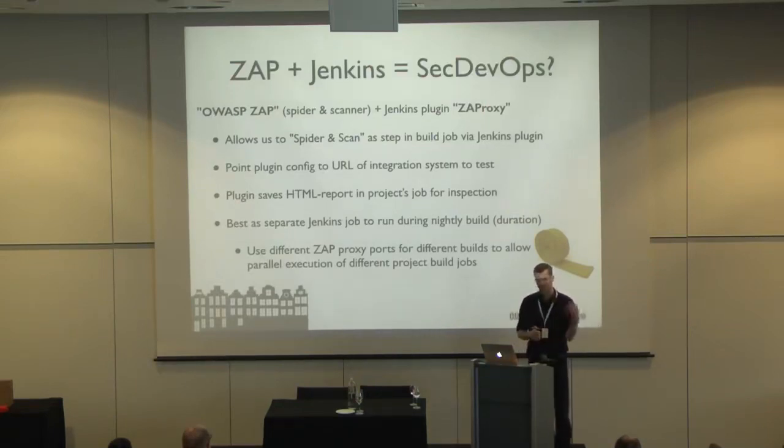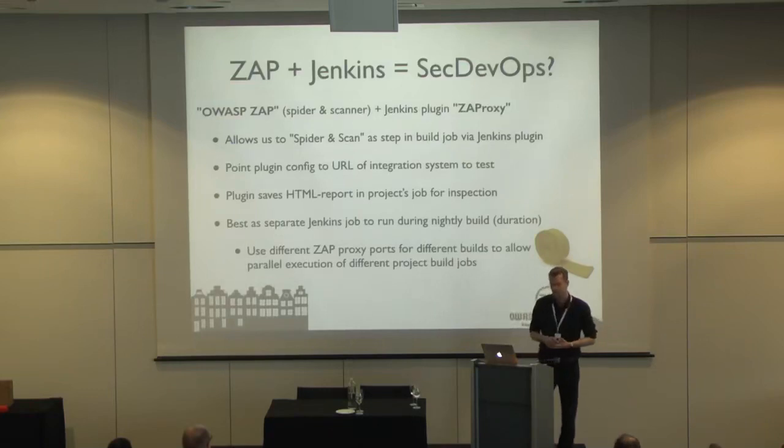This Jenkins plugin can spider and scan the configured URL of where your software was deployed on the integration test system during the build chain execution phase. Basically you point the configuration to the URL and see what it produces.